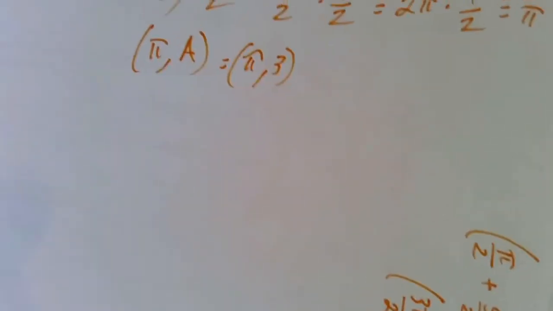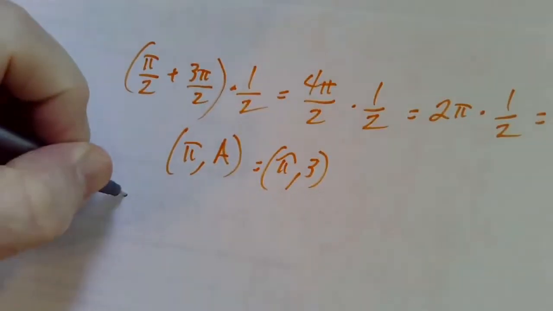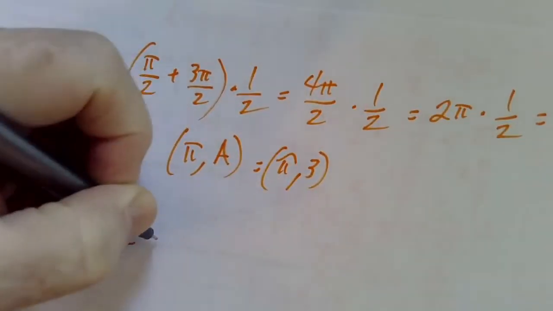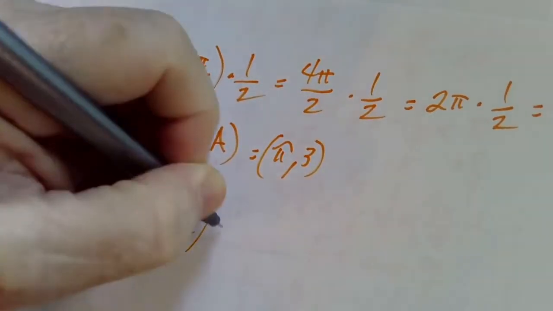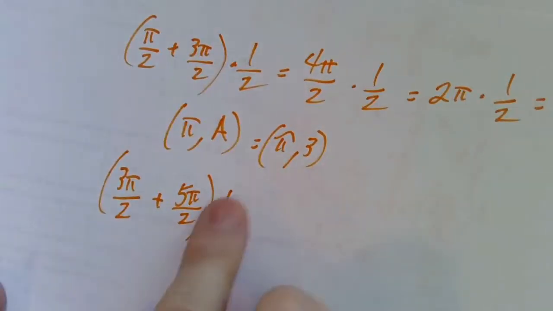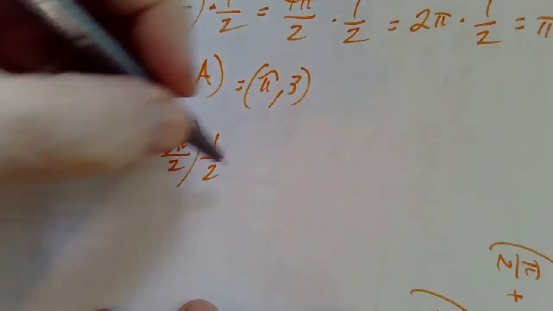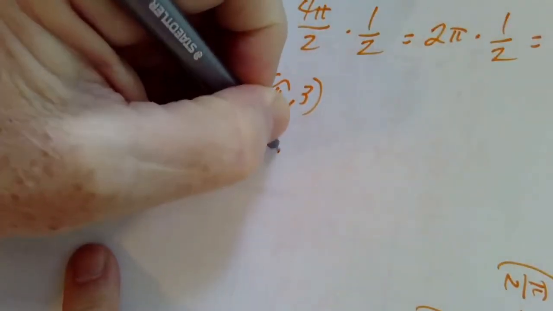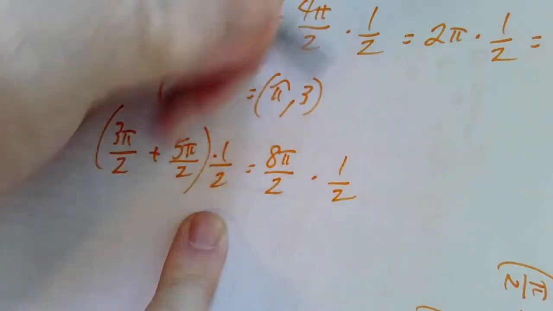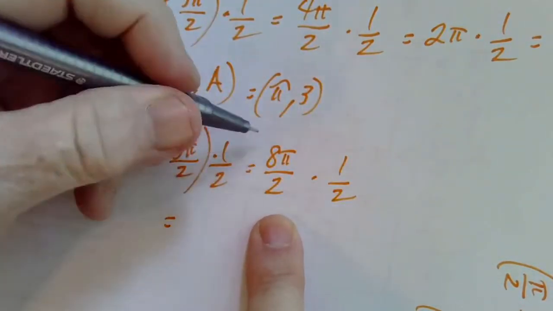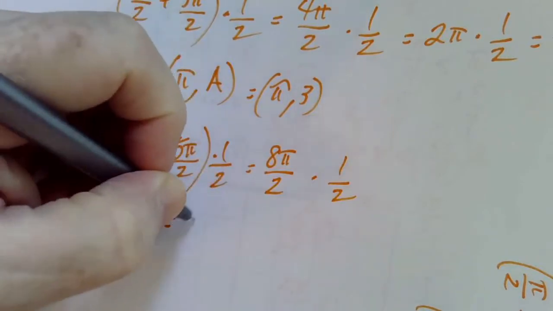Now let's find the midpoint between 3 pi over 2 and 5 pi over 2. And we have to multiply by 1/2 after we add the x's. Well, this gives us 8 pi over 2. We still have this times 1/2. 8 pi divided by 2 is 4 pi.